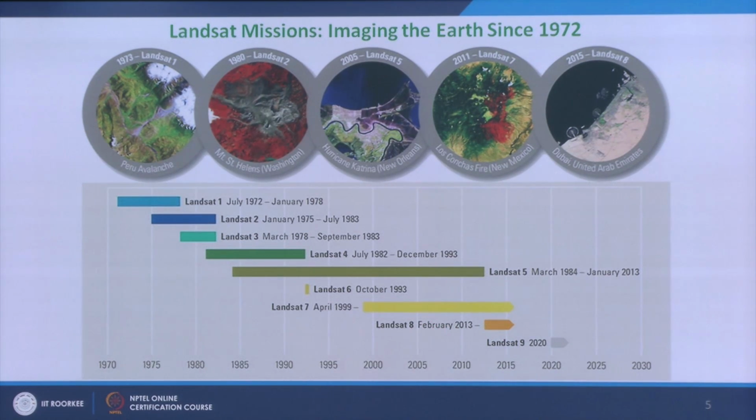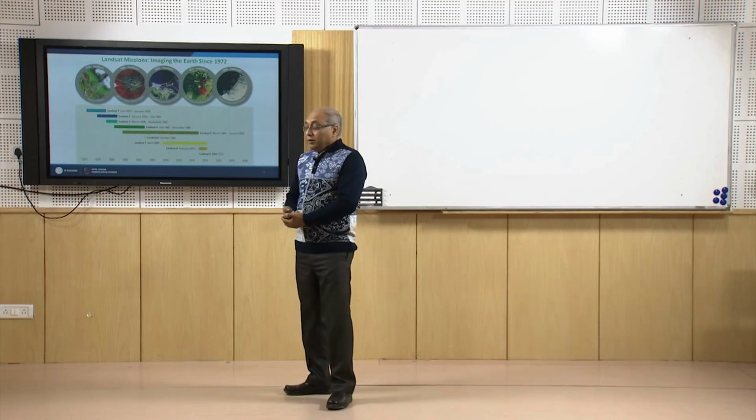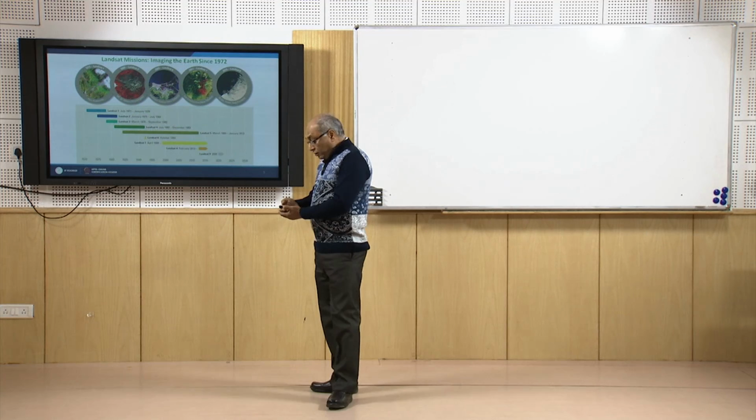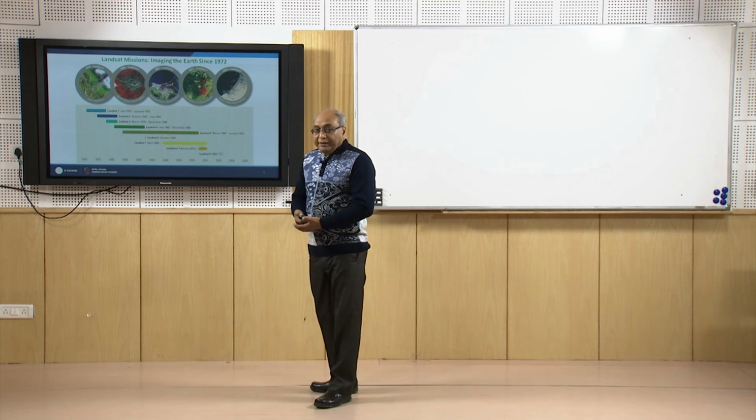It is still operational, providing an enormous amount of data from all parts of the globe, and most importantly, data is available free of cost for any part of the globe in near real time.